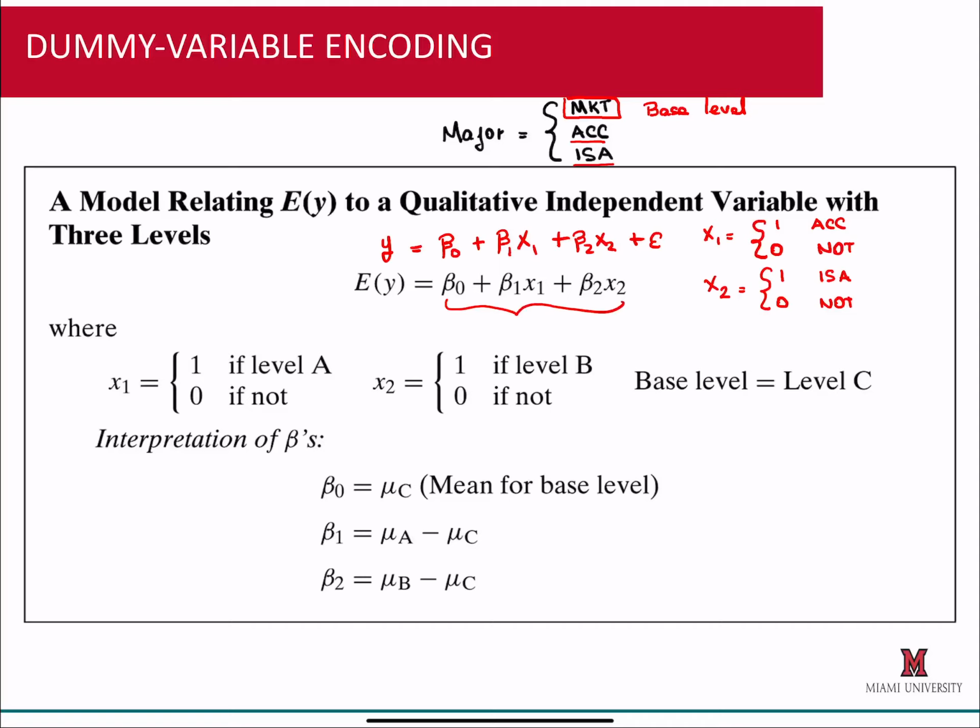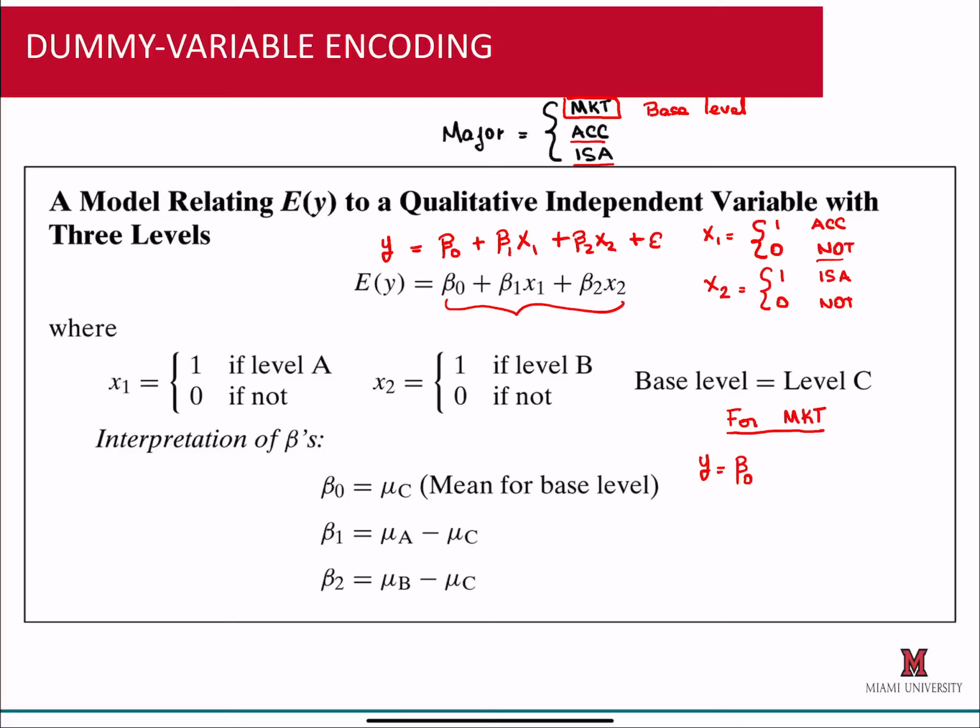Okay, so let's try to do this here. For instance, let's say we want to predict for an individual with a marketing degree. So the equation will become y is equal to beta 0, well, beta 1 times x1, but x1 in this case is going to be 0 because the individual is not an accounting major.